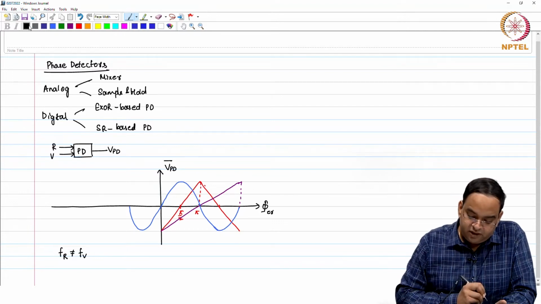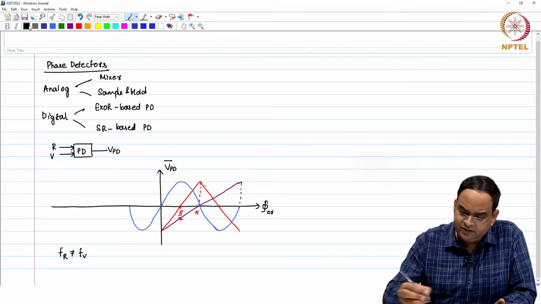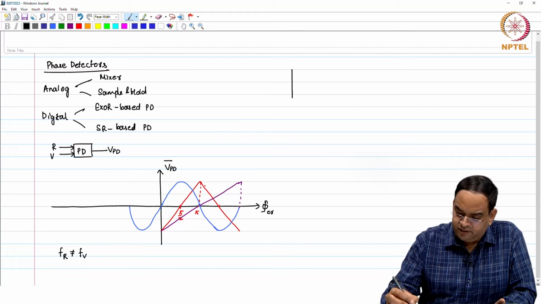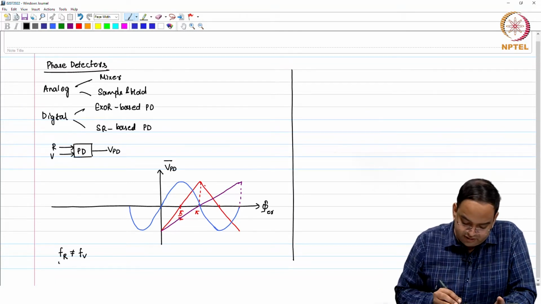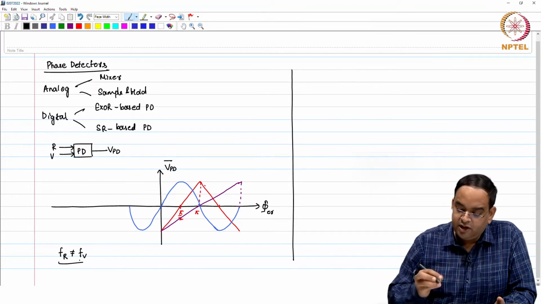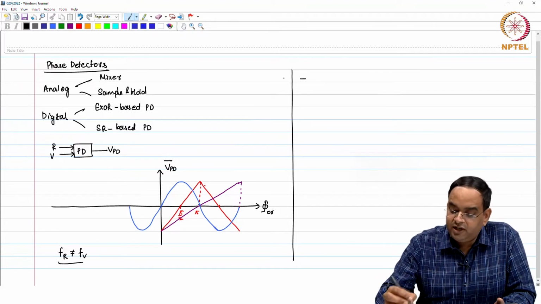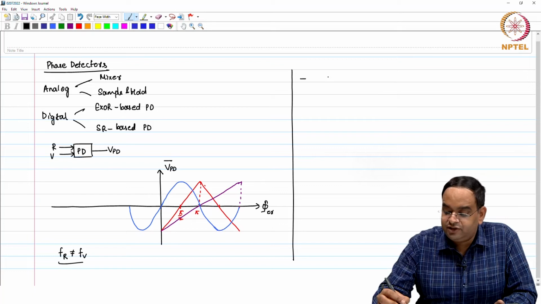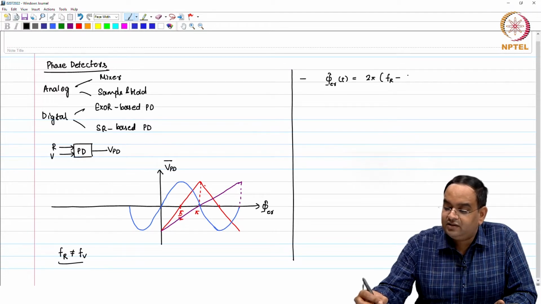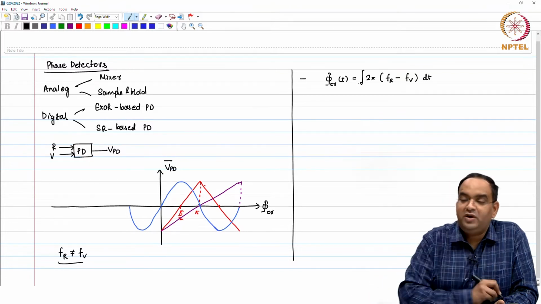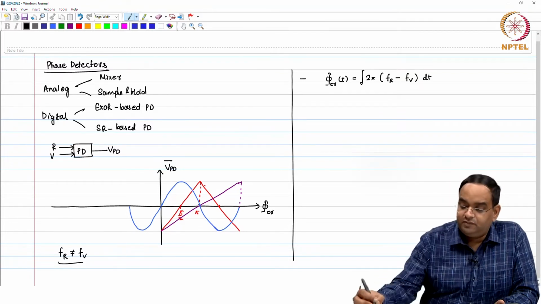So, in this particular case, if FR is not equal to FV, your phase error will keep on increasing for sinusoidal signals. In case of sinusoidal, phi error of t is 2 pi times the integral of FR minus FV dt. That is what you have for sinusoidals.